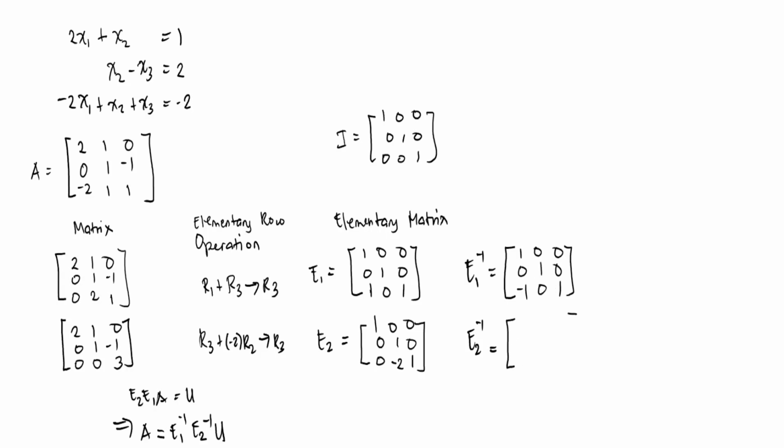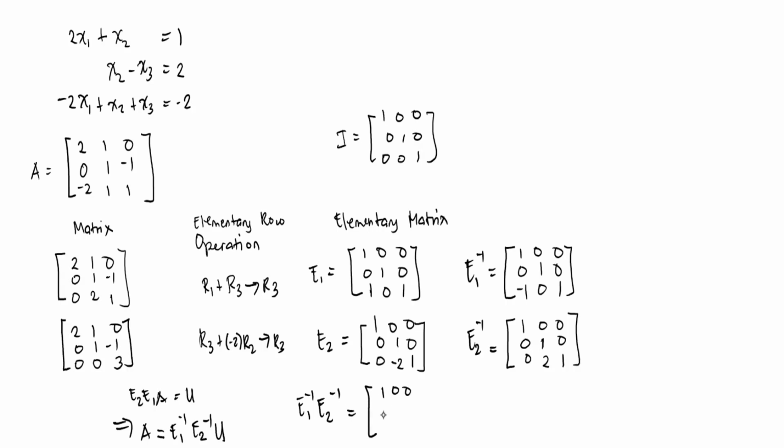Also, the same way, we can solve for the inverse of E sub 2. So that is 1, 0, 0, 1, 0, and then 0, 2, 1. So we multiply now the inverse of E sub 1 by the inverse of E sub 2.